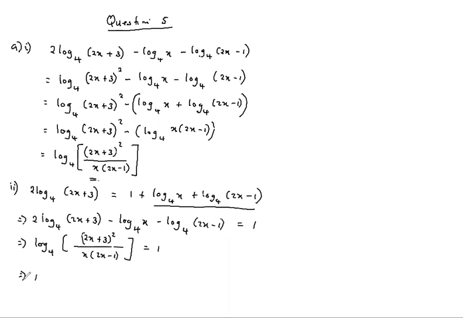It implies that 4 to the power 1 is equal to, you now take it to exponential, this over x(2x minus 1). And that is just 4 on the left. So I bring it here. So it becomes 4. Then we can cross multiply.